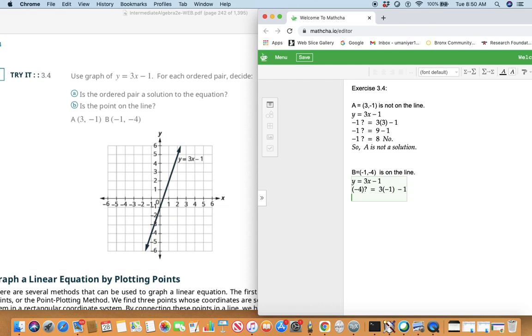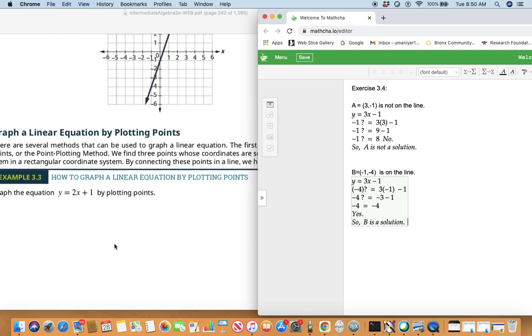Is negative 4 equal to 3 times negative 1, which is negative 3, then minus 1? Is negative 4 equal to negative 4? Yes. So B is a solution. So notice, if you are not on the line, you are not a solution. If you are on the line, you are a solution.